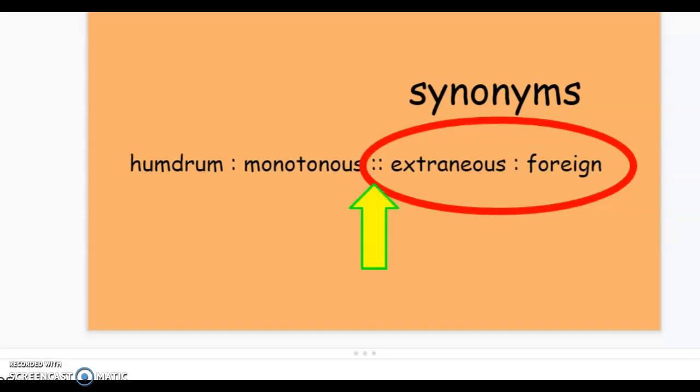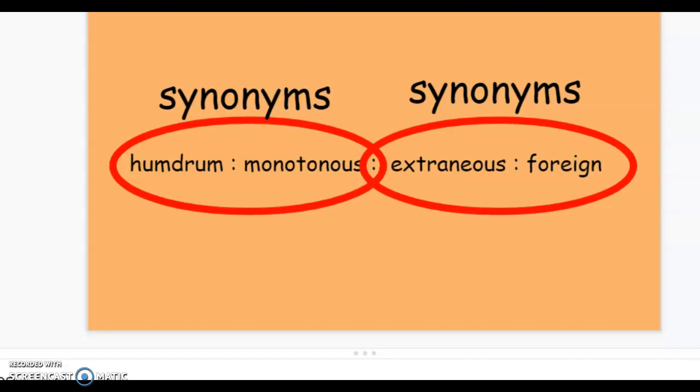The double colon means "as" because the first two words are related in the same way as the second set of words. Humdrum and monotonous are synonyms, so extraneous and foreign should also be synonyms.